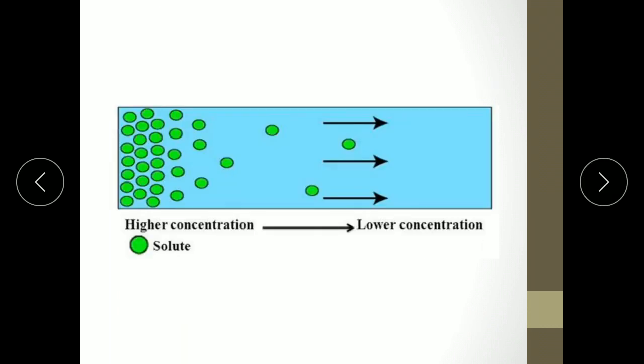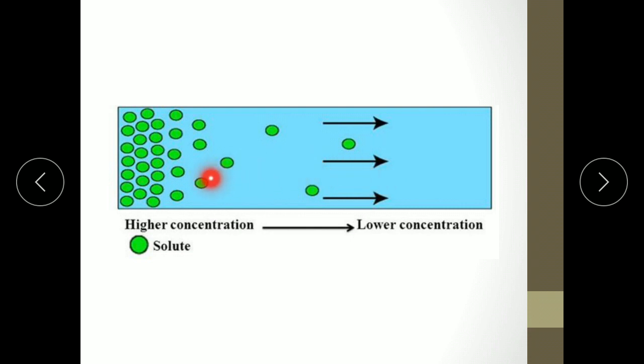Here we can see that there is a net movement of material from higher concentration to lower concentration. Now whatever difference between two areas from higher concentration to lower concentration is called the concentration gradient, and there will be a barrier. Through the barrier, this movement of solute from higher concentration to lower concentration will happen.